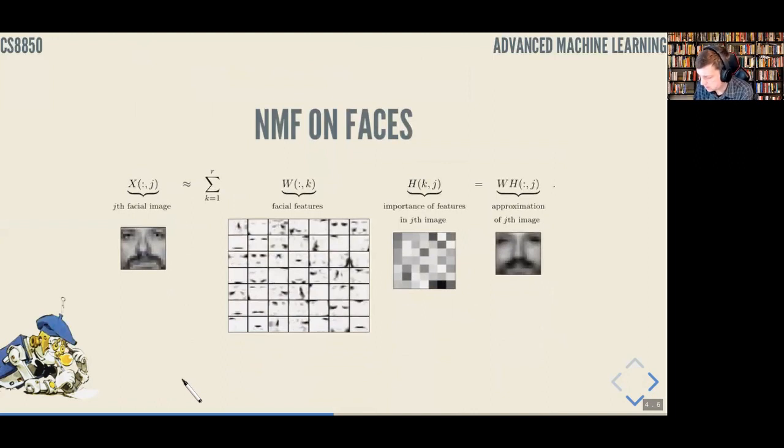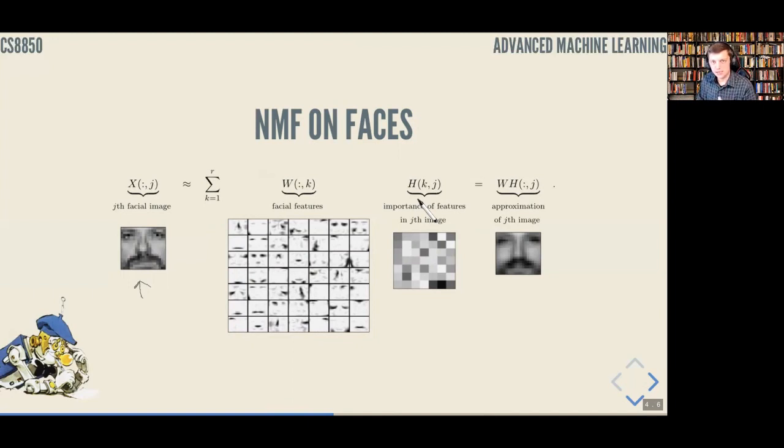So let's take one column of X. It's a human face. Here it is. Then our features, W after the solution, are those facial features, some eyebrows, sometimes noses. And all you can do with those is add them together by using those weights in H. And the weights are also non-negative. You're just adding them.